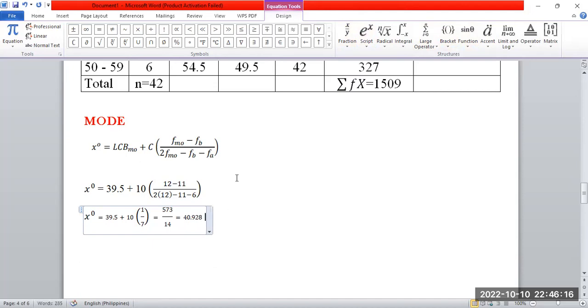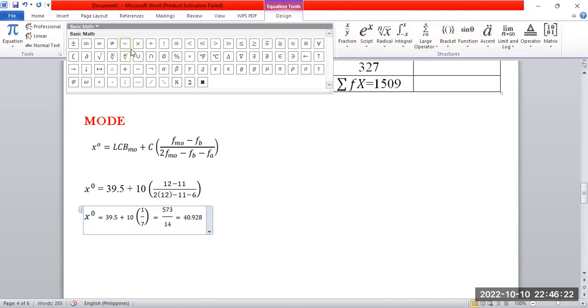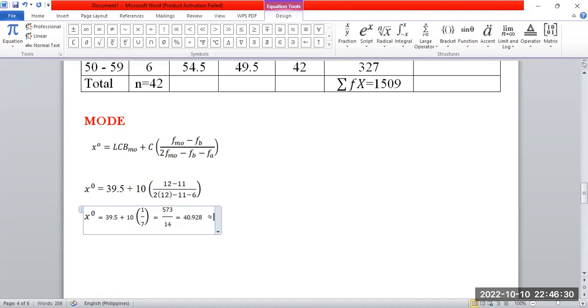And we need to get the decimal place. 2 decimal places na lang. Where is the approximate sign? And this approximate round off to 2 decimal places. That is 40 point. Okay, so 92. 8 yung katabi niya. So we need to add 1.